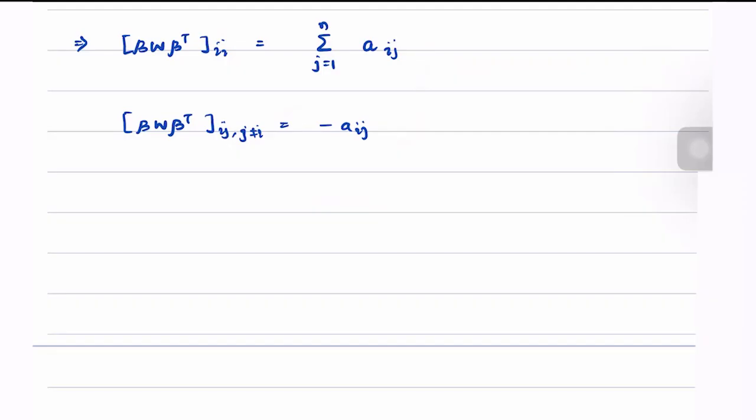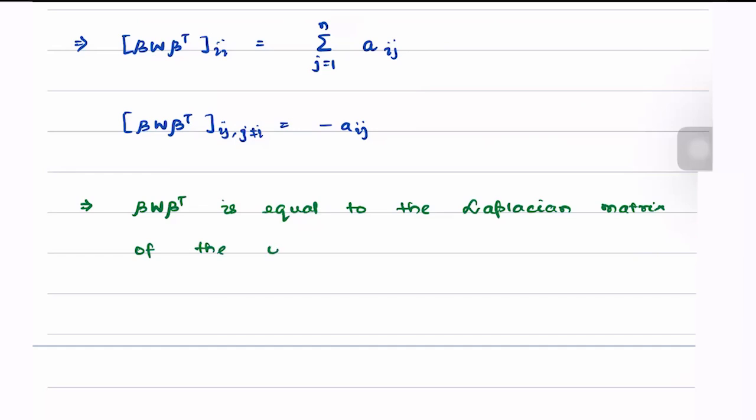Thus, this implies that B W B transpose is equal to the Laplacian matrix of the undirected graph G. Okay, so this was the second property that's an interesting one to discuss.